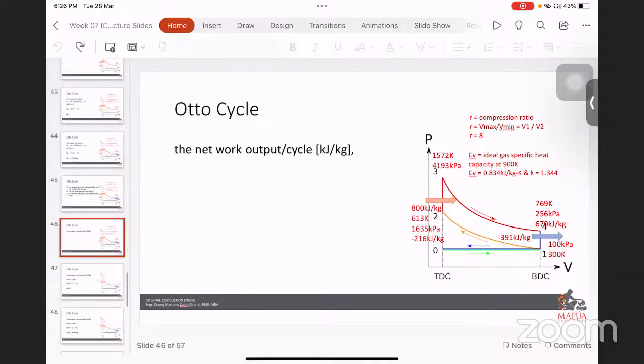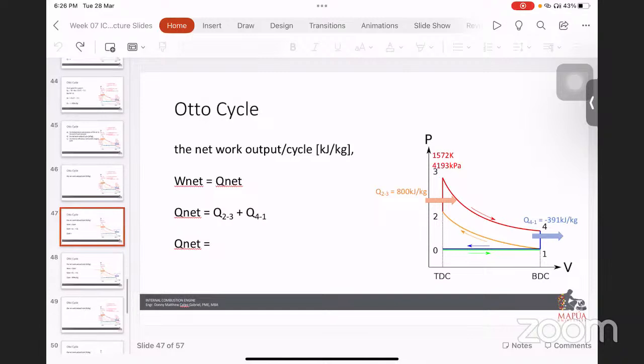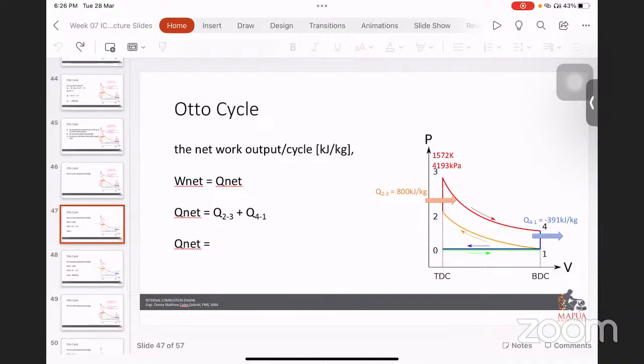So net work output cycle, the amount of work is equal to the amount of heat. Q net is equal to work net. So kanina, meron tayong 800 kilojoules plus yung 391 natin, na-calculate kanina. Ang Q net natin is 409.